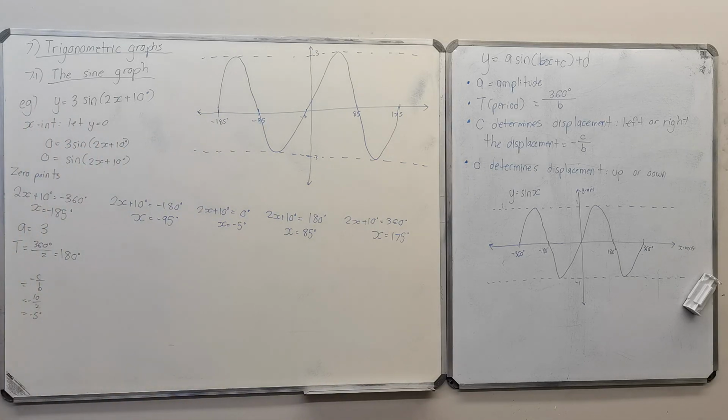Okay, that's your graph. And one is different from that first example you did where we had y is equal to 3 sine 2x shifted to the left, which is that all your 0 points just shifted 5 degrees to your left.